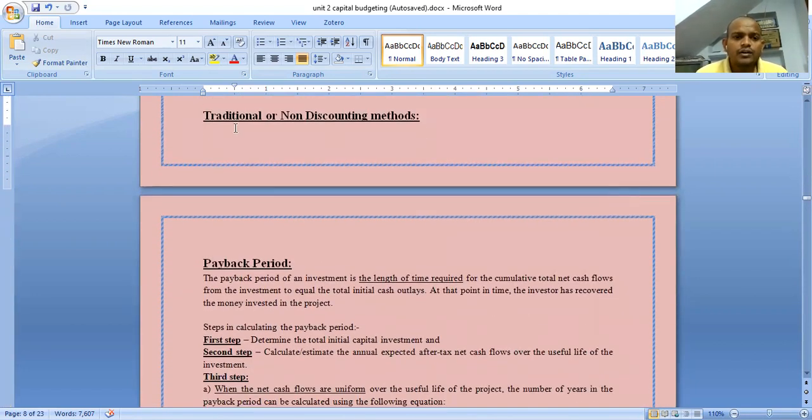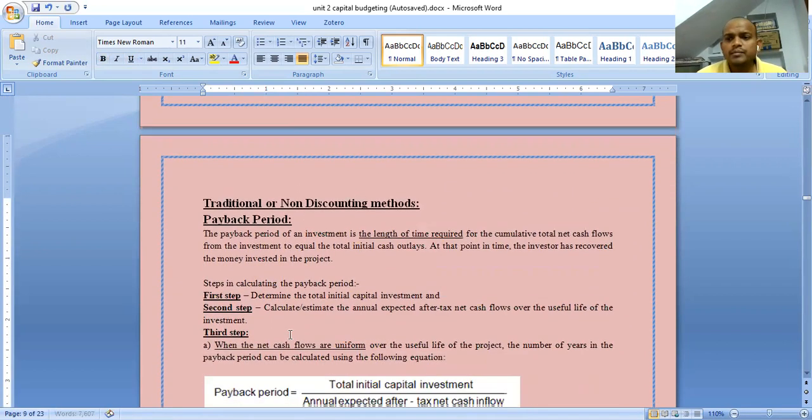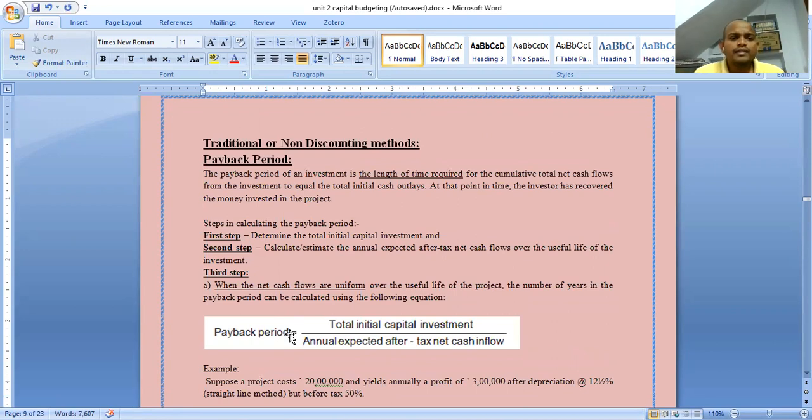Traditional or non-discounting methods. First one is the payback period method. The payback period of an investment is the length of time required. Simply, whatever we are paying, how much time will it take to get it back.